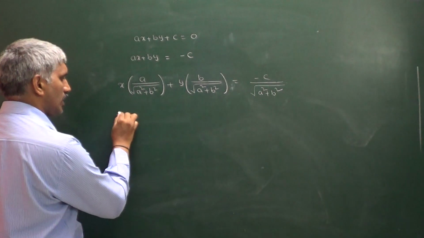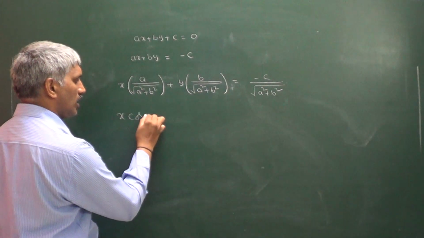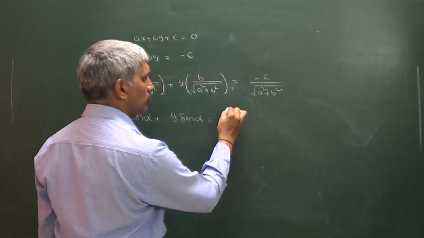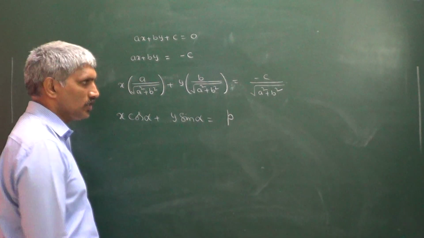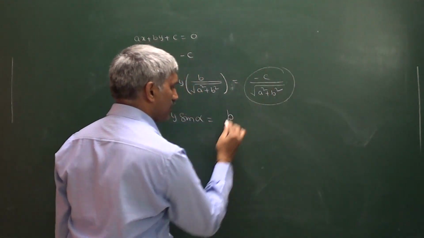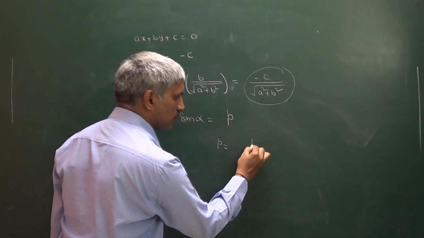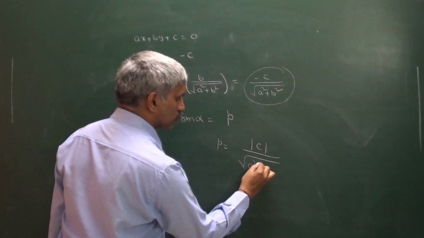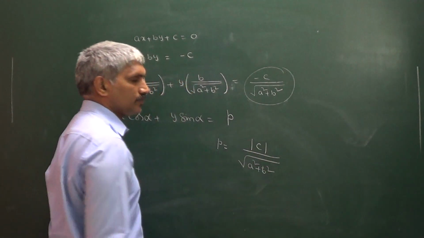Now this is nothing but x cos alpha plus y sin alpha is equal to p, because this is p, the perpendicular distance p is equal to, we can write modulus of c by root over a square plus b square.